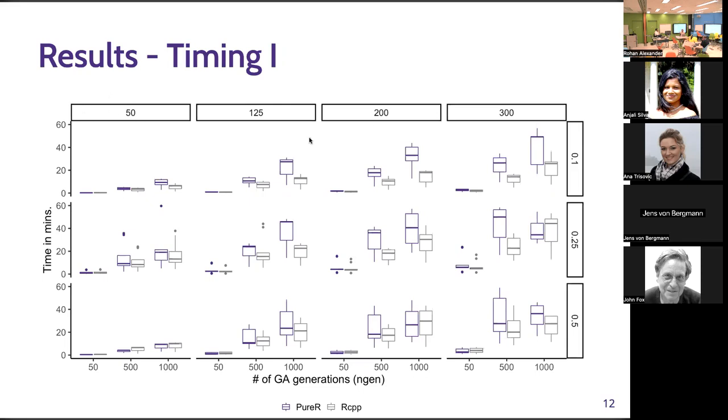You can see here, similar to before, depending on the initial population size and the sample size, you see some gains. The gains are not super uniform throughout. I'm going to switch in a second to the log of the time to make those differences more noticeable. There are some gains overall. The Rcpp implementation is in gray here, but it's not super consistent across the board.